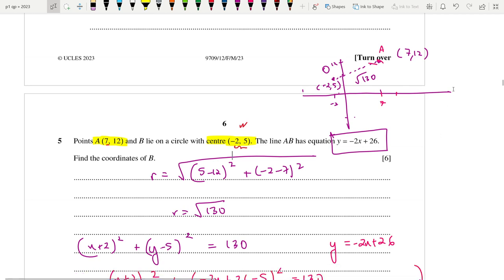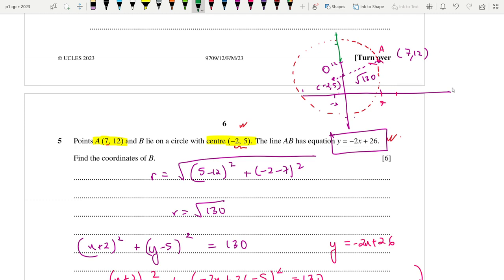Now what's next? We are tasked with finding the coordinates of B. So we know that this equation, actually, if I draw the circle, it's something like this. We know that this equation, y = -2x + 26, what does it look like? Plus 26 is somewhere over here. Basically, this is the equation of line AB.